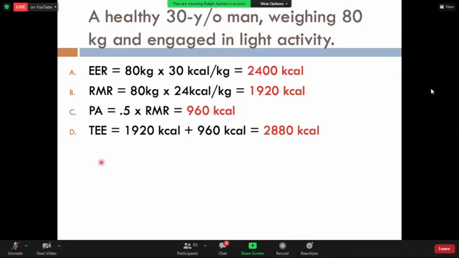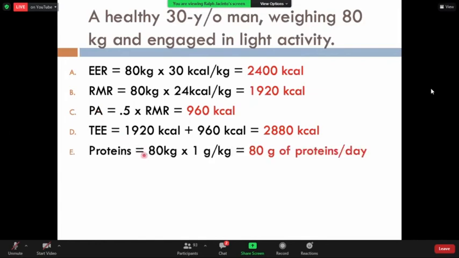Now, this TEE would be the basis of how much carbohydrates, fats, and proteins we are giving to our patient or to this individual. In order to determine the proteins, it's approximately 0.8 grams per kilogram. It's 0.8, not 1.